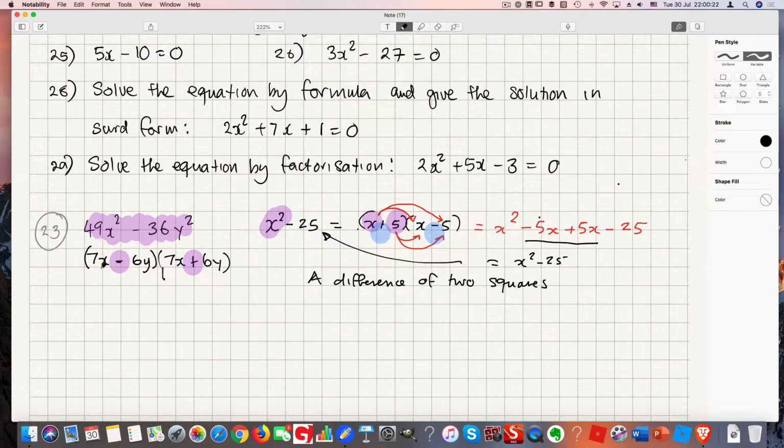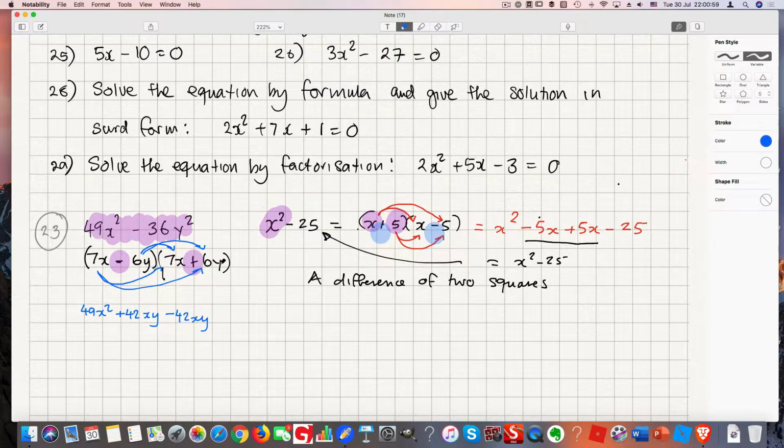If you want to prove that it is correct, here's what you do. You multiply 7x times 7x, then 7x times 6y, then minus 6y times 7x, then minus 6y times 6y. 7x times 7x is 49x squared. 7x times 6y is 42xy. Minus 6y times 7x is minus 42xy.